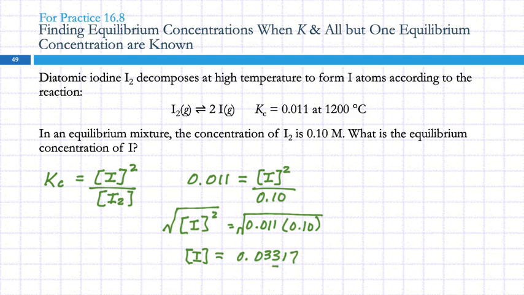So we'd probably report that as 0.033. And what's the unit on that? Molarity. Why do we know that? It's concentration. The brackets mean the molarity of this thing. We just always use molarity. Any questions?